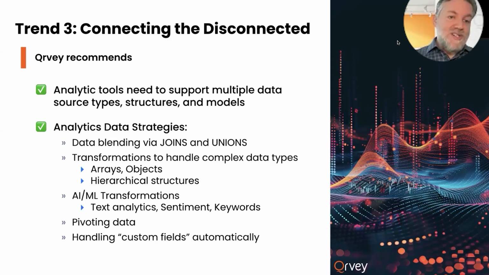So the semi-structured objects and arrays and hierarchical structures of the data, leveraging tools like AI and machine learning to transform unstructured data, whether that's text analytics, sentiment analysis, keyword analysis, all of these different options for taking unstructured data and making it easily analyzable inside of your application systems is going to be incredibly important for taking advantage of all of this data. And then there's lots of other opportunities. So how do you handle custom data pivoting? How do you handle, in a lot of SaaS companies, custom generated fields automatically?